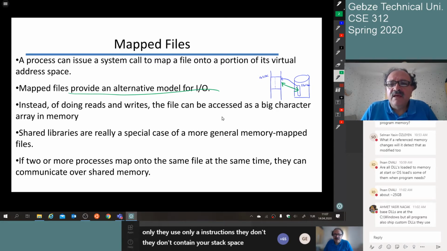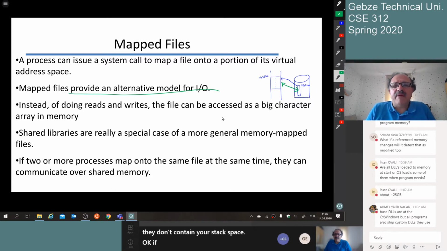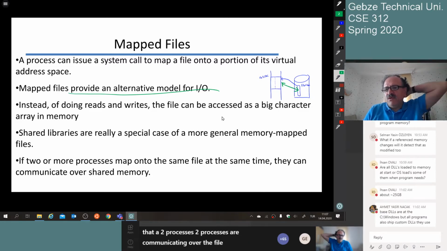Okay, if you share a memory mapped file, then that means that two processes are communicating over a file. So this is one way of making a communication between two processes without using any disk input output and that kind of stuff.